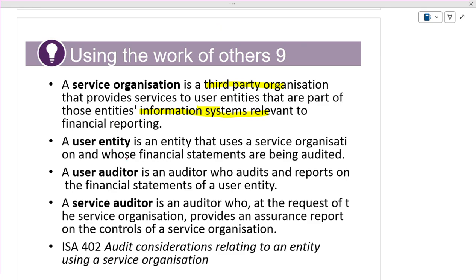A user entity is an entity that uses a service organization and whose financial statements are audited. A user auditor is the auditor who audits and reports on the financial statements.